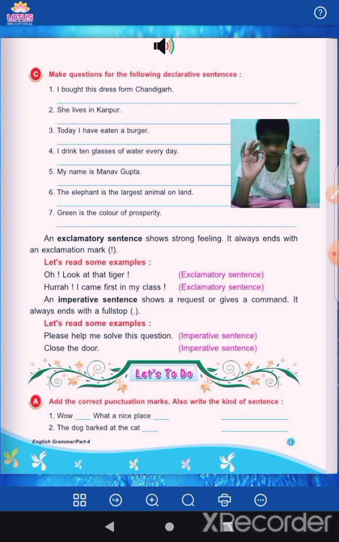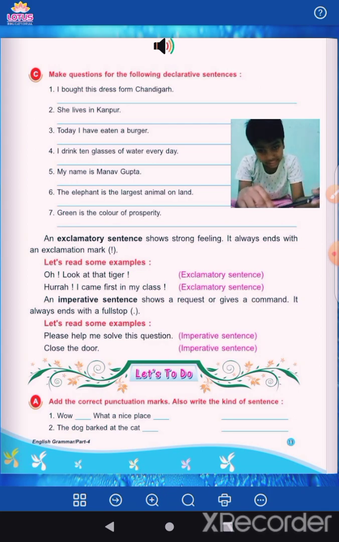Remember that. Next, an imperative sentence shows a request or gives a command. It gives us a command or a request. It always ends with a full stop. Please help me solve this question.